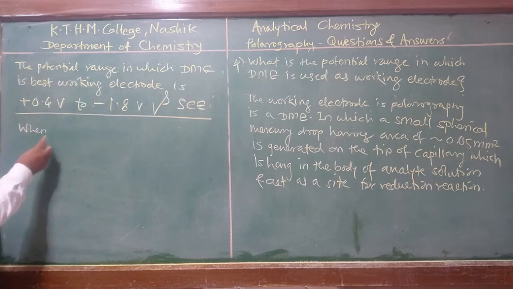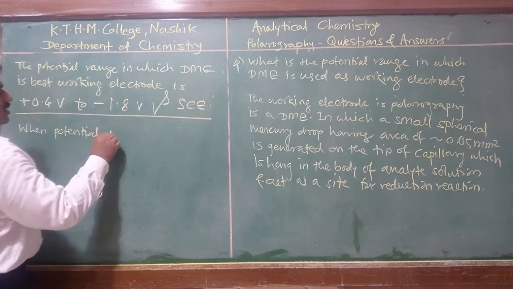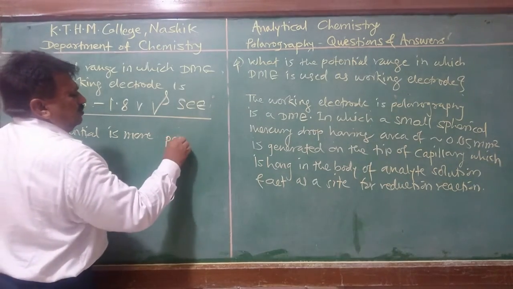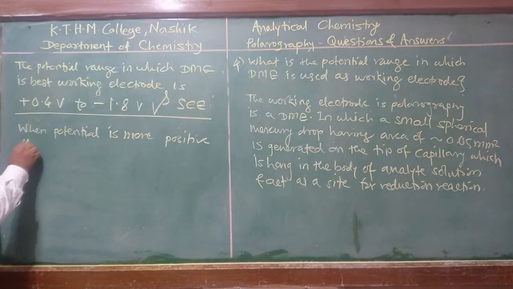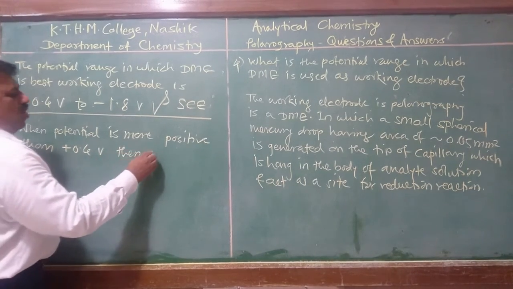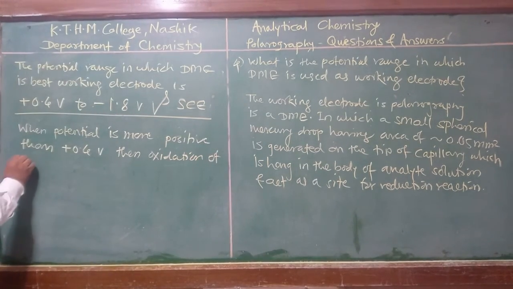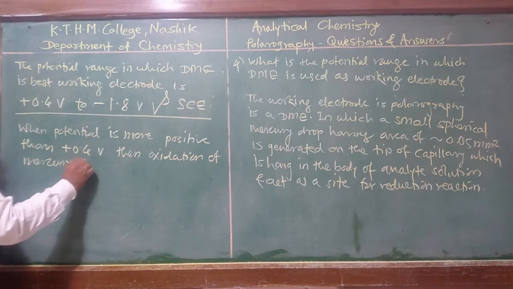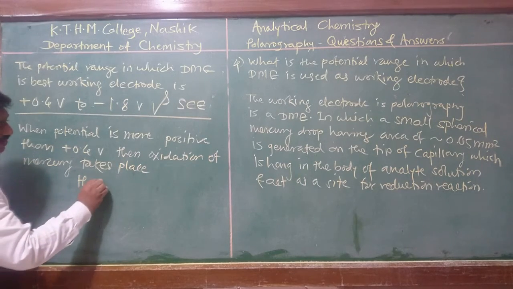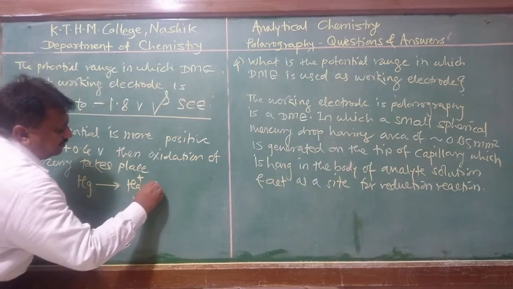When the potential is more positive than plus 0.4 volt, oxidation of mercury takes place, and metallic mercury is converted to mercurous ion.